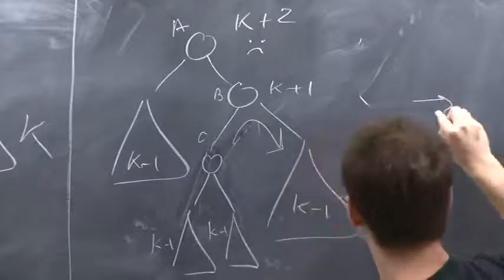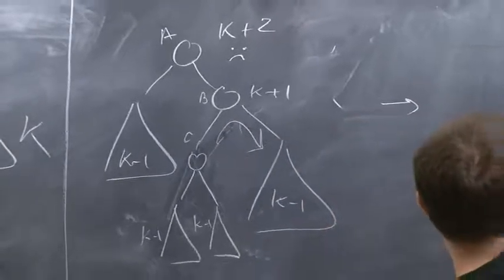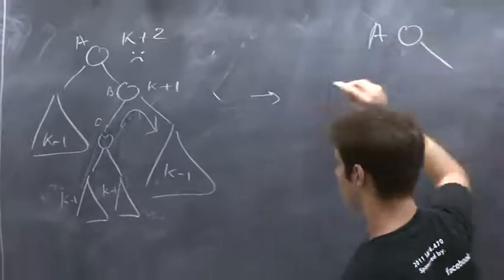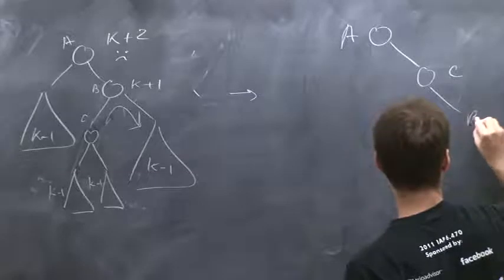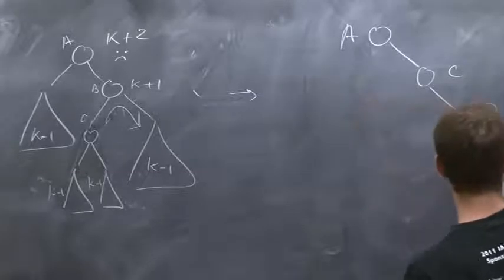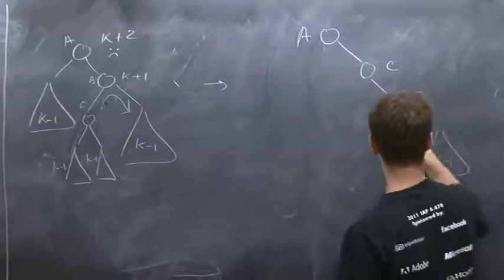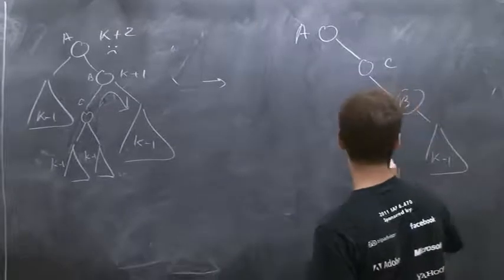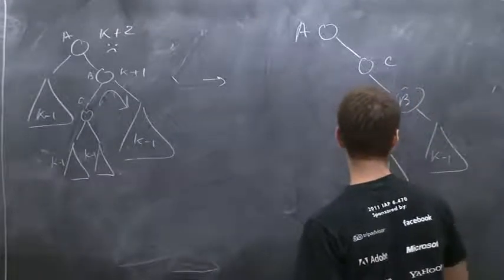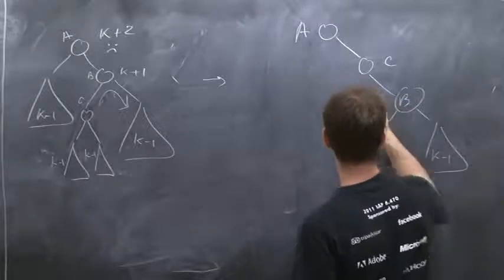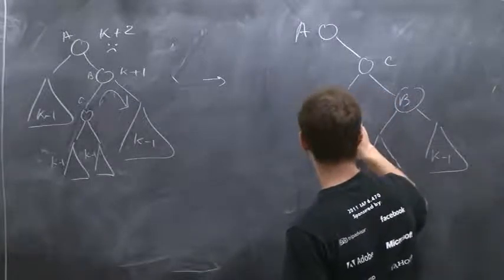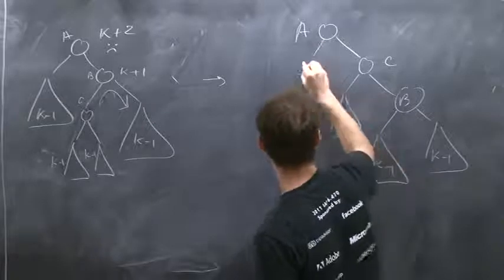Let's see what that gets us to. A is the same, and then here I'm going to have C instead of B, then B. The right child of B is the same as it was before. The left child of B is a K minus 1. Then the left child of C is another K minus 1.